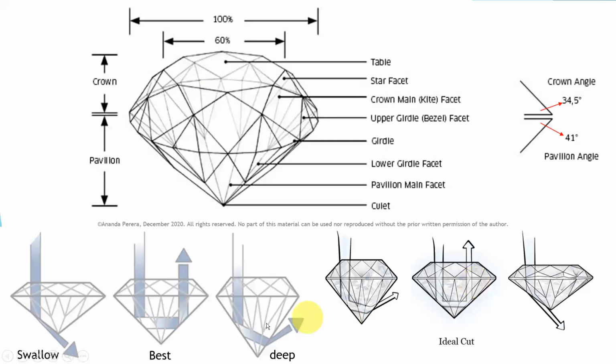Now look at this. This is the light emitting way. This cut is swallow. This is very deep. In Sri Lanka, we can see a lot of stones like this. It is a deep cut. When the light enters from the top, it goes through the pavilion.